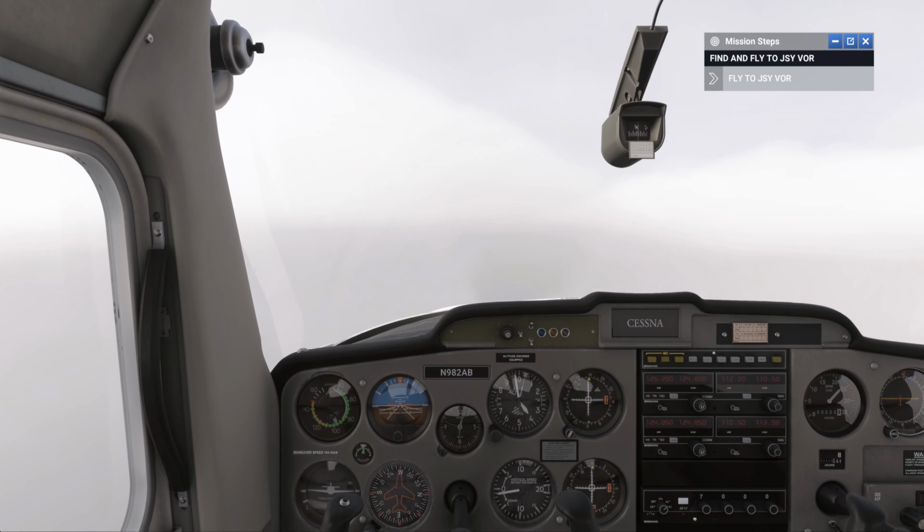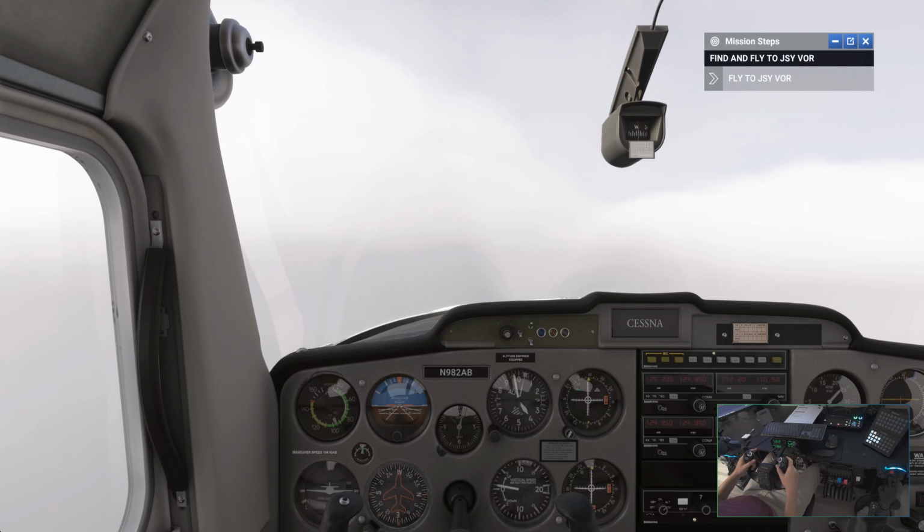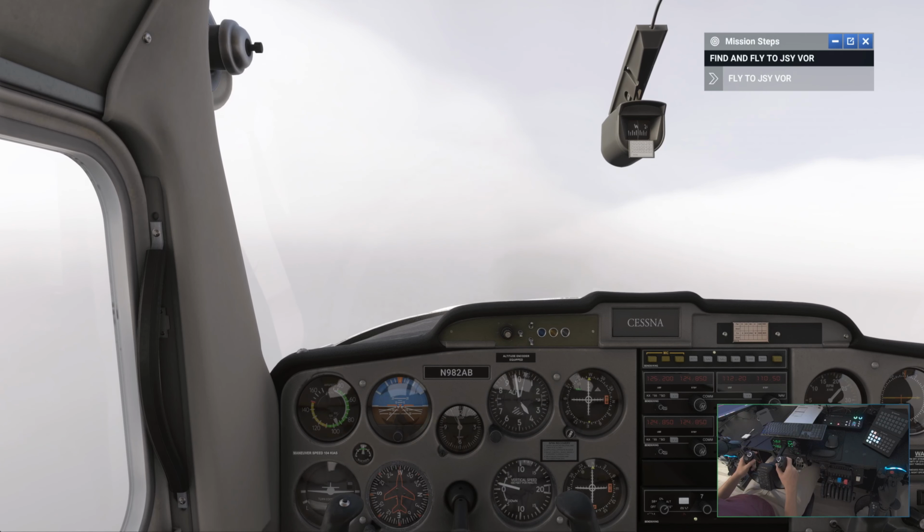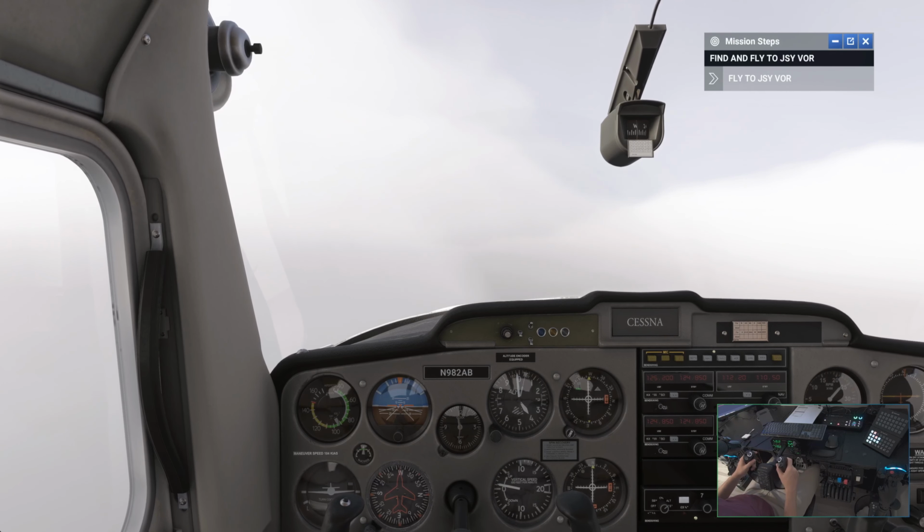Small altitude corrections. We're still a few minutes away from the VOR, so keep flying straight and level, keeping the CDI in your scan, making small corrections.